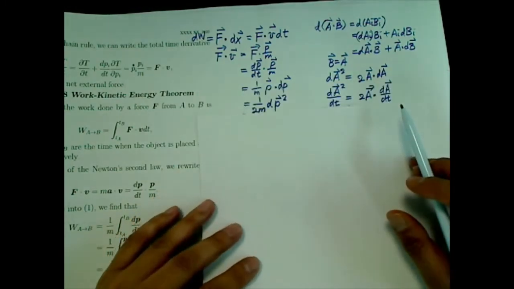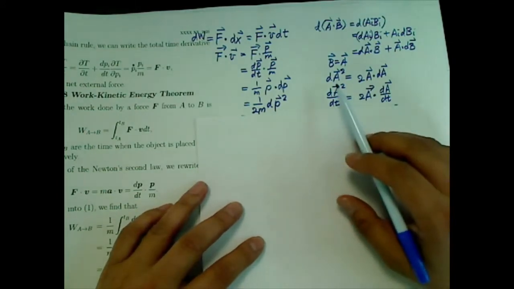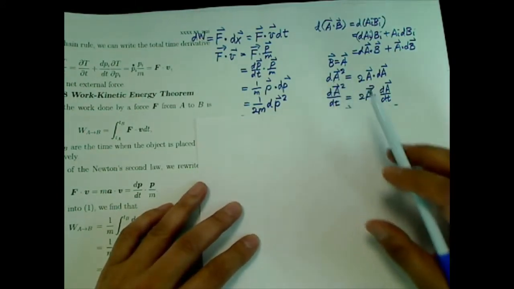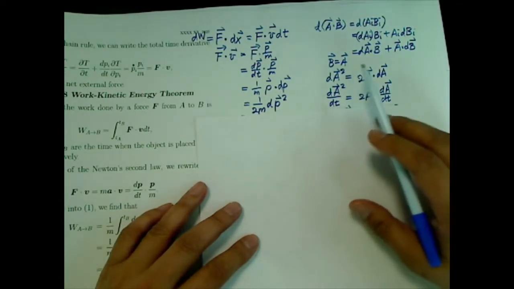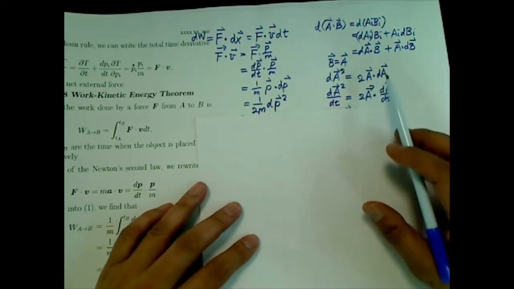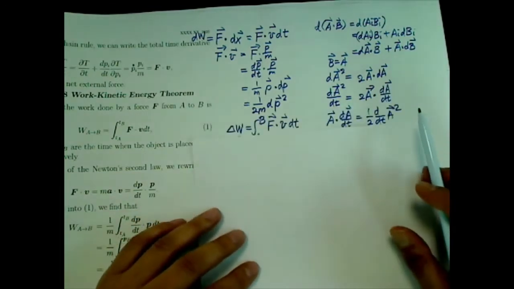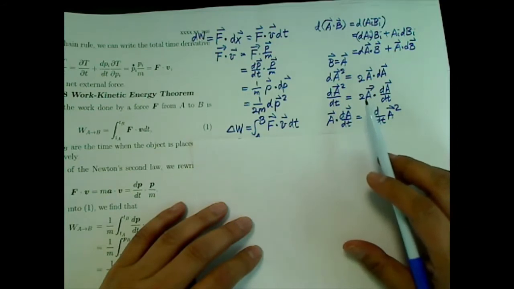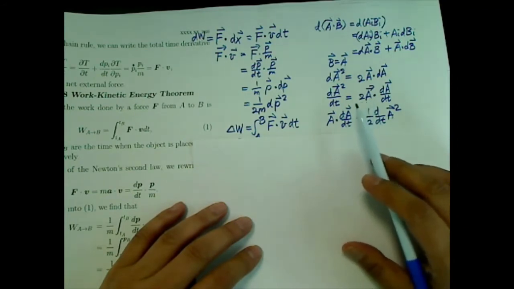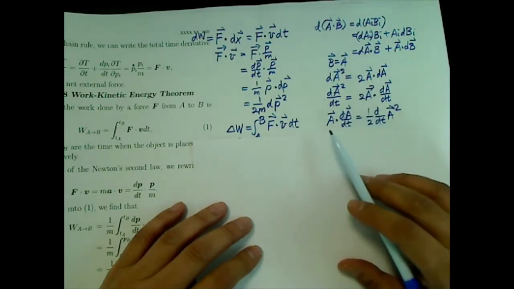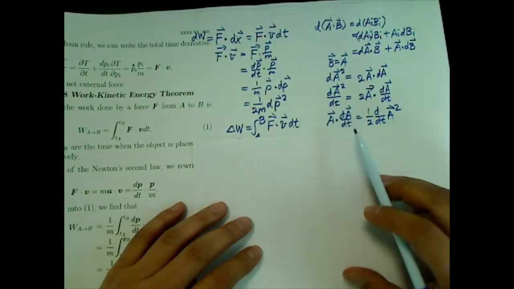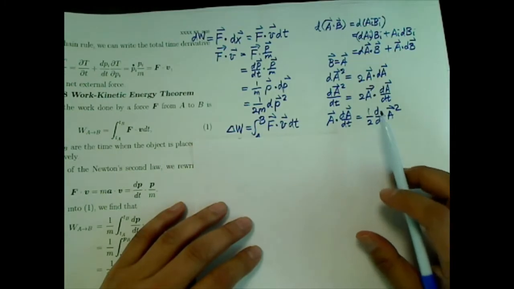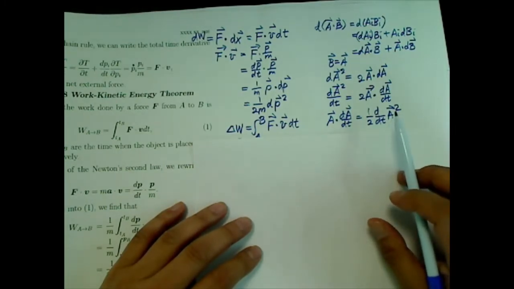Therefore, if I take the time derivative, the result is 2A dot the time derivative of A. If I multiply by 1/2 on both sides, then A dot its time derivative equals 1/2 the time derivative of A squared.